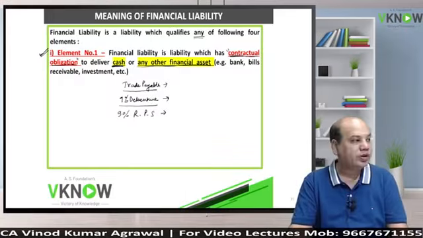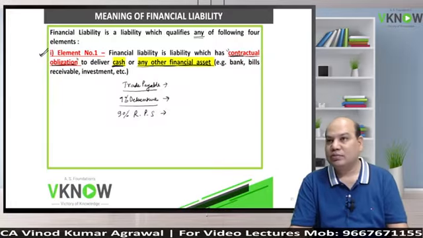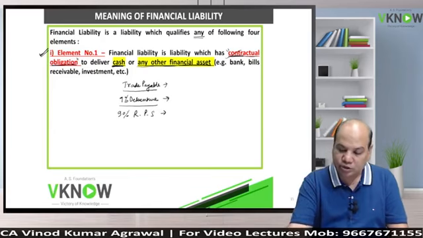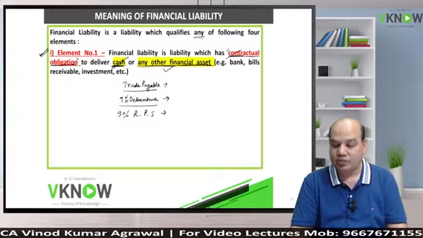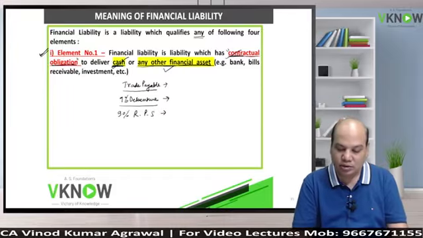So because of this standard, the preference shares will also get classified as liability. Earlier, under old GAAP, preference share was shown in share capital, but under this standard, because there is a contractual obligation to pay cash or any other financial asset, even this redeemable preference share will be classified as a financial liability.